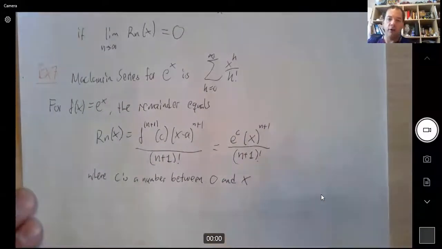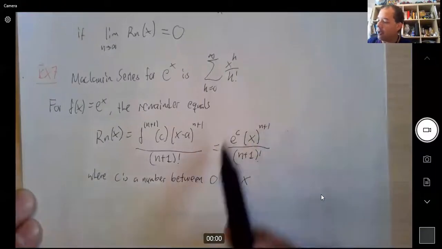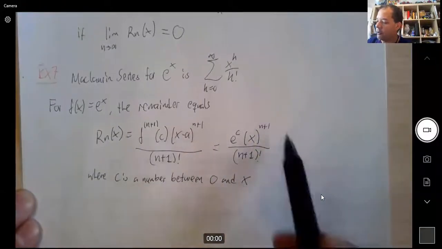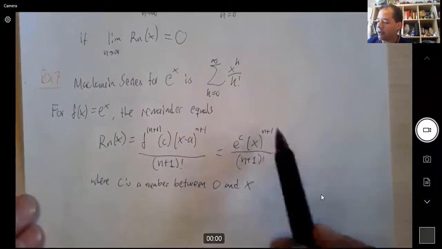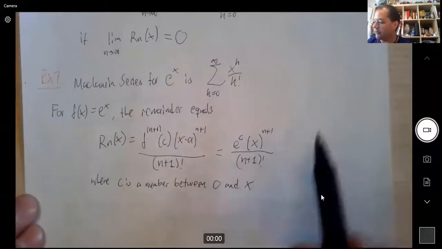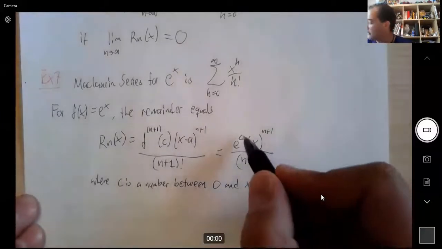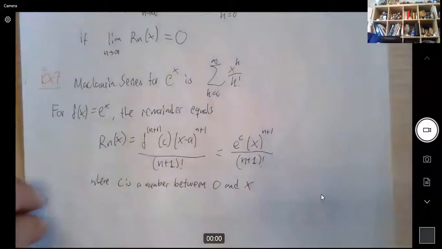So all I need to do now is to argue why this goes to 0, right? For an arbitrary x. So first, what is the most that this number e to the c can be?